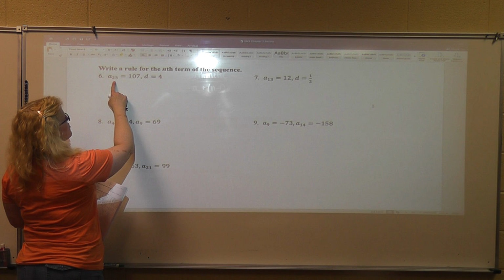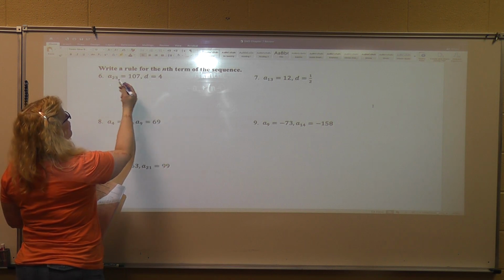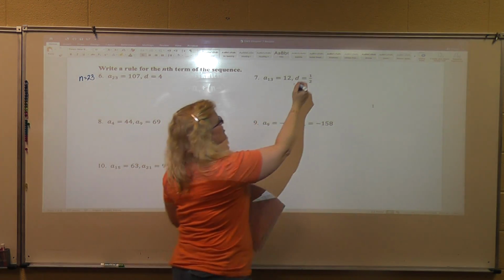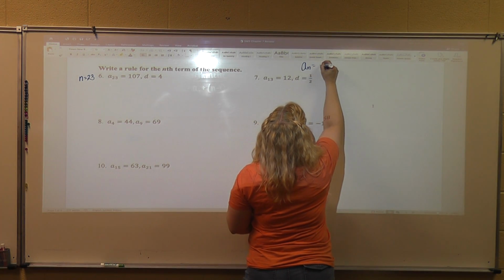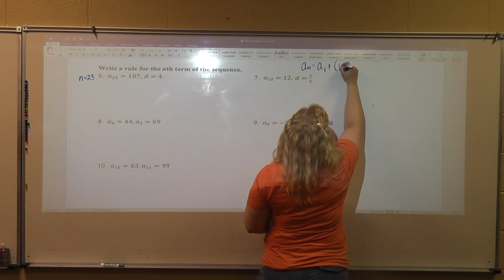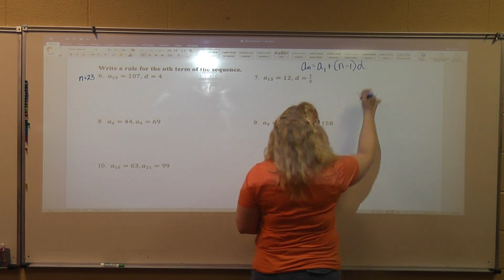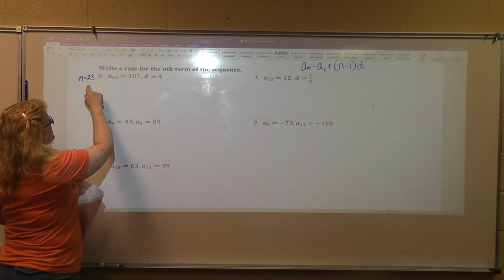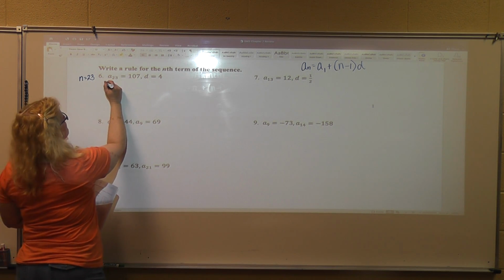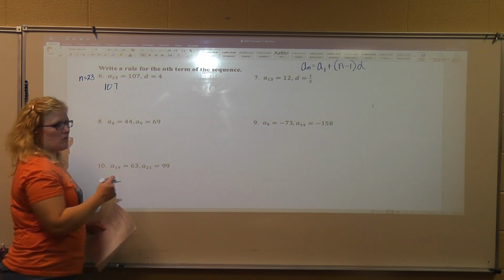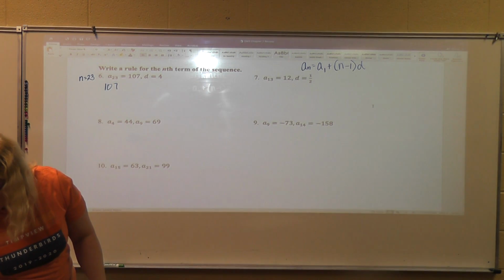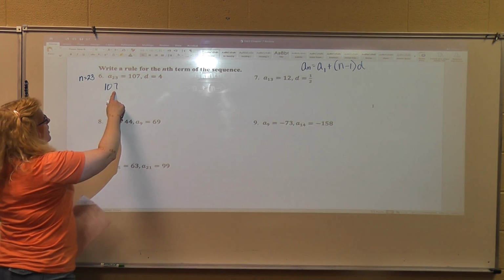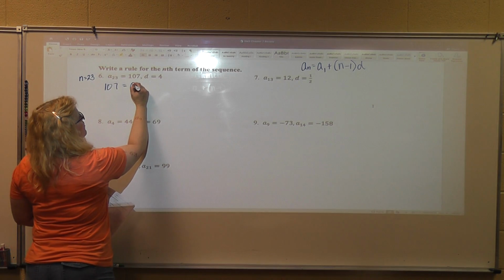Right here, since a sub 23 equals 107, we know that n is 23. And we're going to use a sub n equals a sub 1 plus n minus 1 times d. So a sub 23 is 107, and that equals a sub 1, which we don't know.